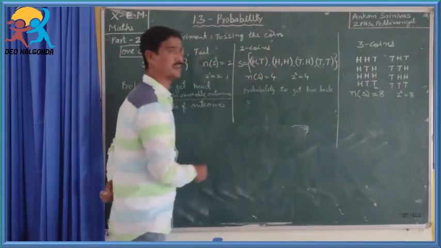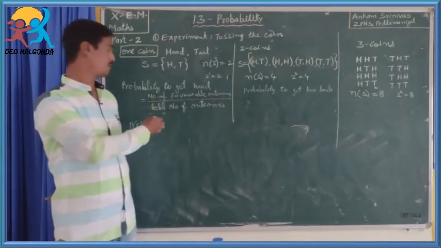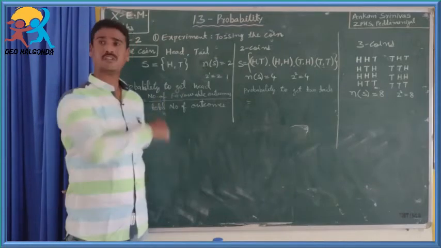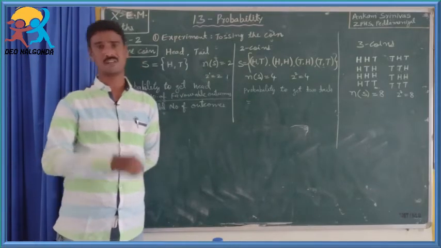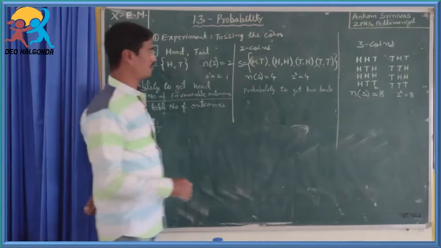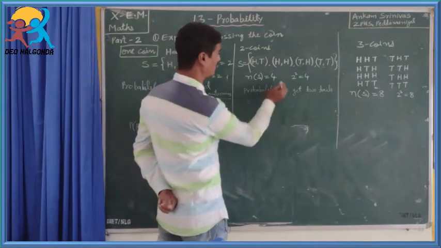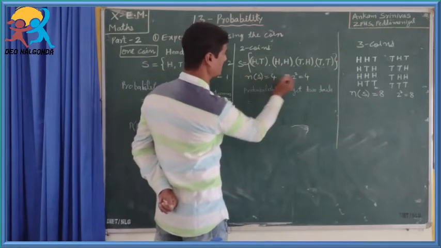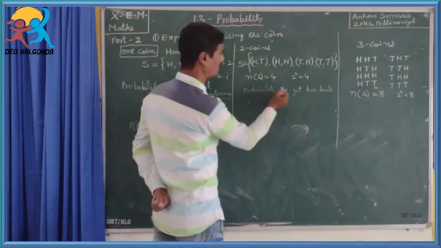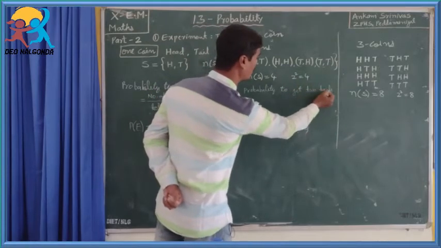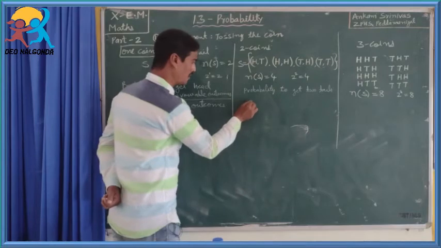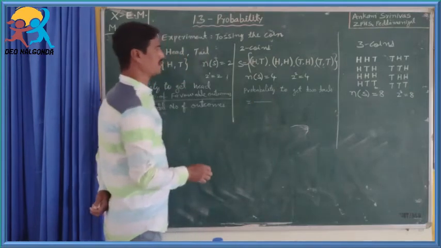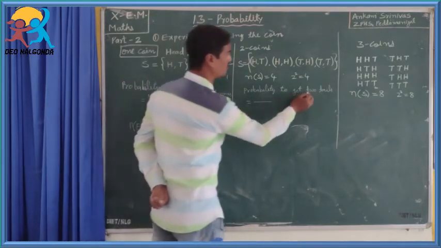Always write the formula: probability equals number of favorable outcomes by number of total outcomes. So here, total outcomes is 4, and we want the probability to get two tails. Favorable outcomes: exactly two tails.